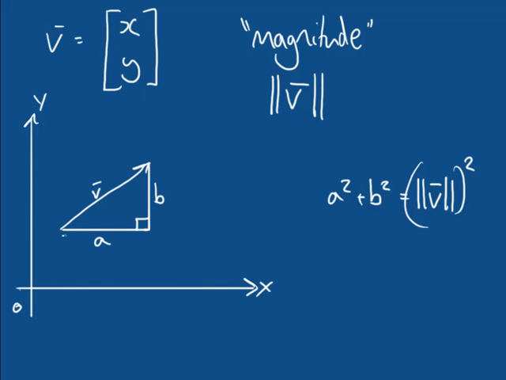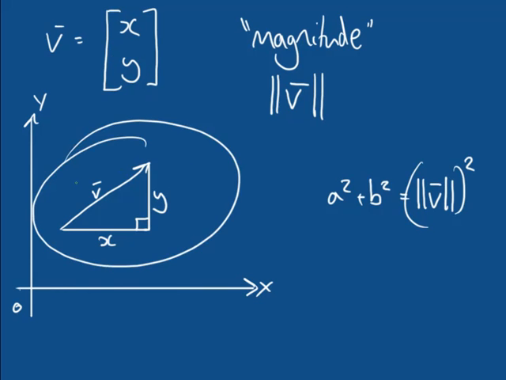So again, we travel a certain distance in x, which is given by our x component. So that's the same as saying this edge here is equal to our x component in length, and then we travel a certain distance in y, and that's given by our y component. So that's the same as saying that this edge here is equal to our y component in terms of length.